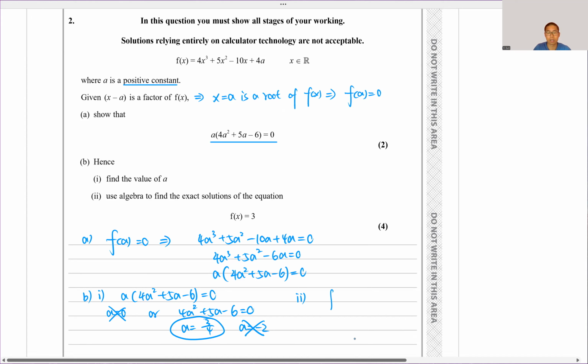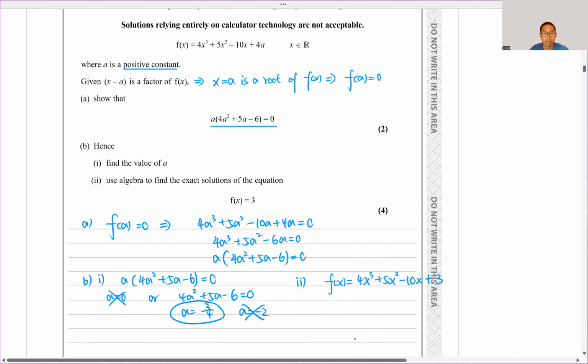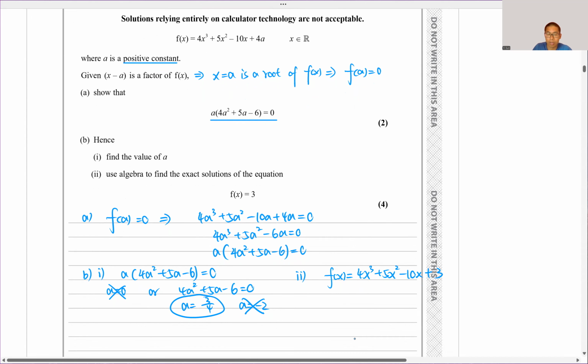So f(x) is now equal to 4x cubed plus 5x squared minus 10x plus 4a. 4 times 3/4 is 3. So that's our f(x). And then if we have f(x) equal to 3, then 4x cubed plus 5x squared minus 10x plus 3 equal to 3.